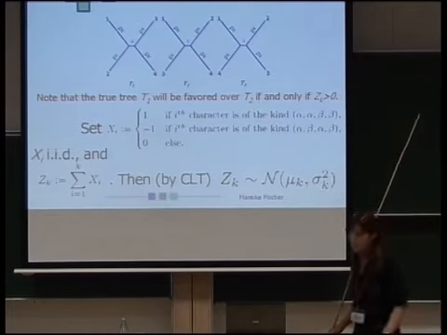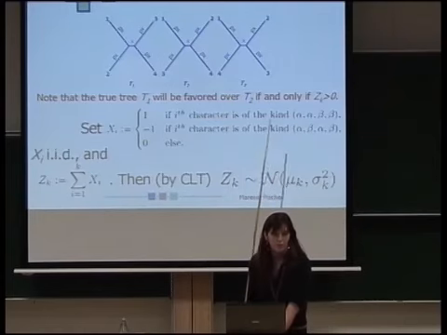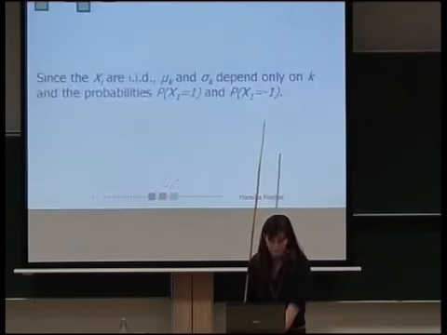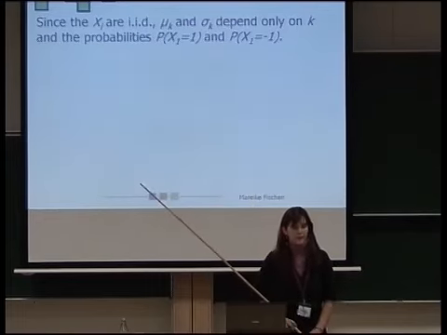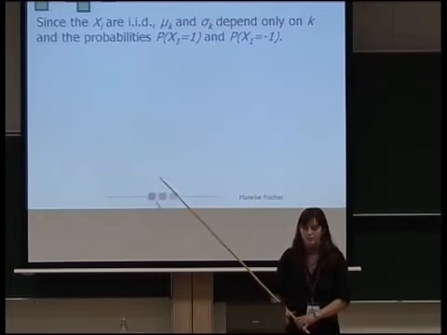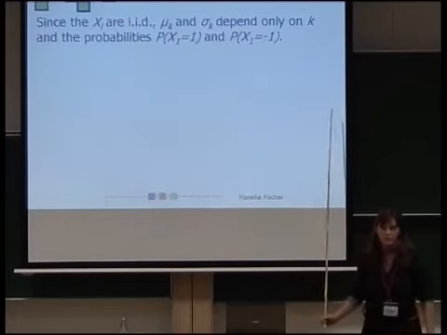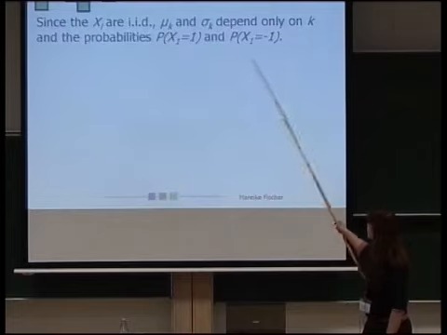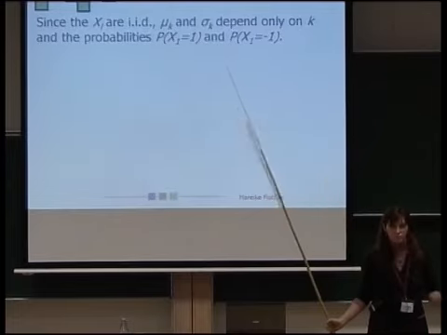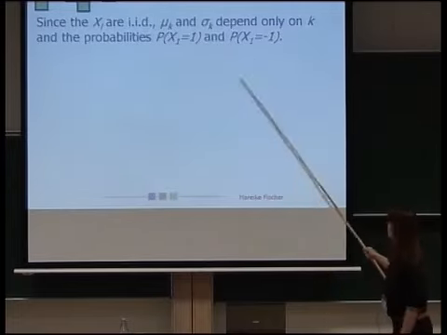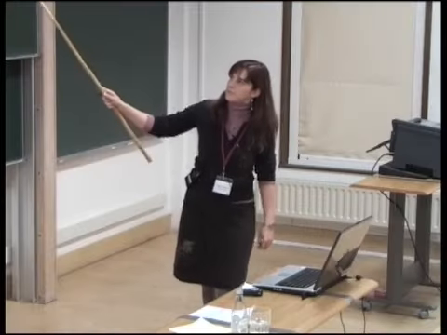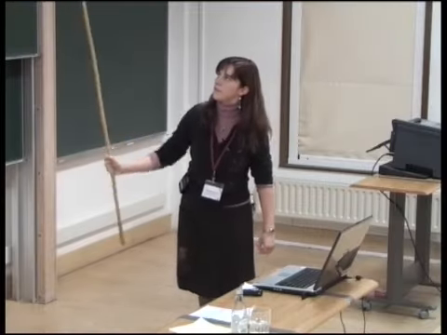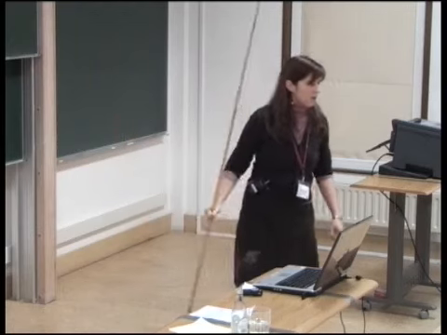Okay? And the nice thing about the xi's being independent and identically distributed is that for the expected value and the standard deviation of zk, we can find nice and easy formulas that only depend on the number k and the probabilities of x1 being equal to 1 or -1.